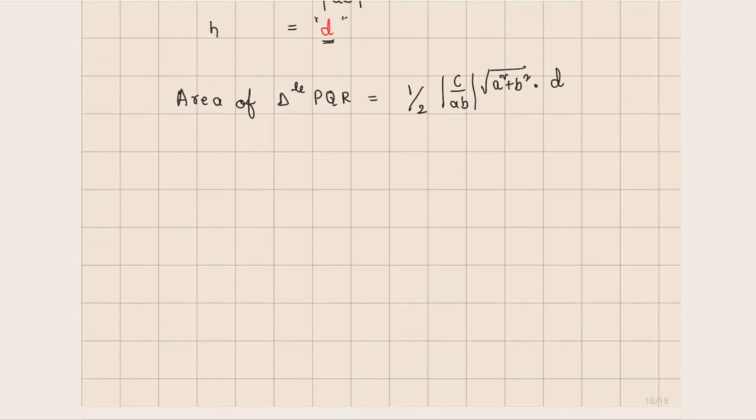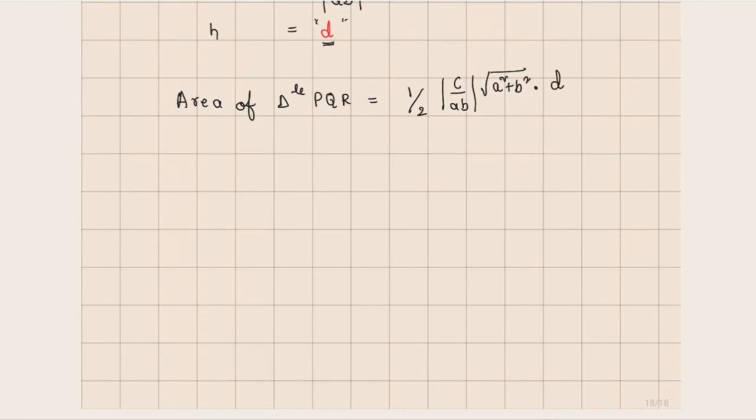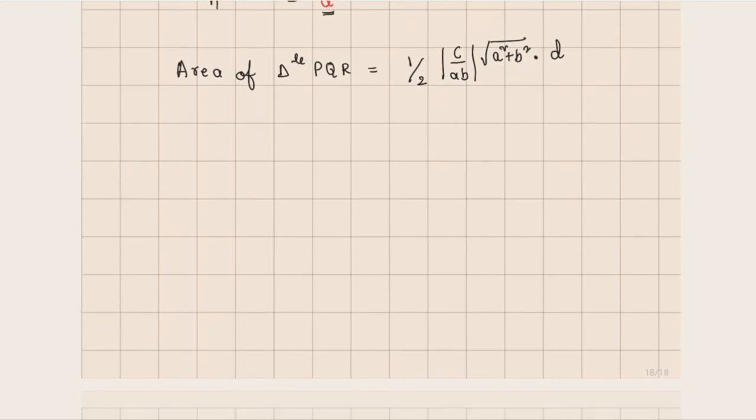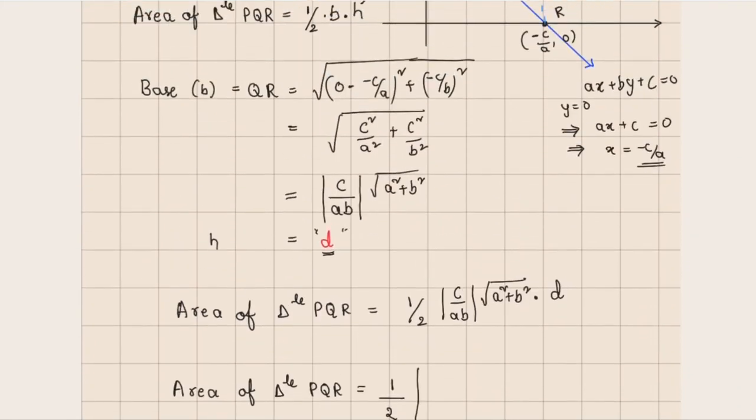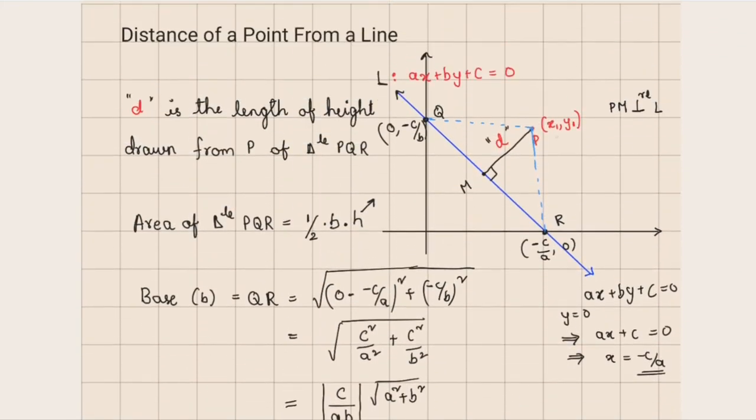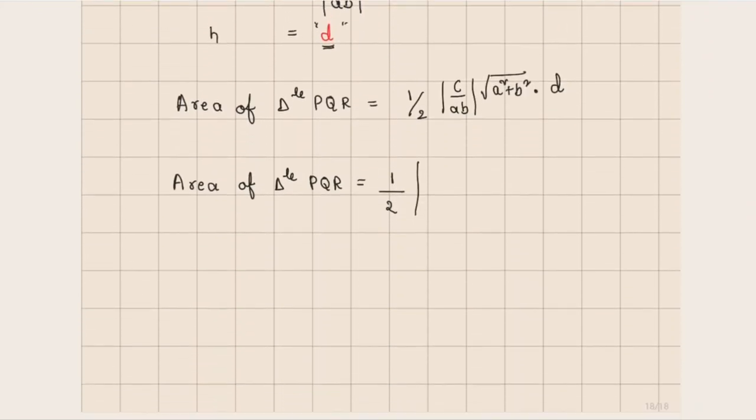And as we know 3 points, we can find the area of triangle PQR with another formula, which is half into, what is the formula? Let's say this is x1 y1, this is x2 y2, this is x3 y3.